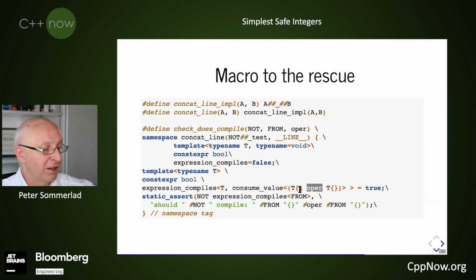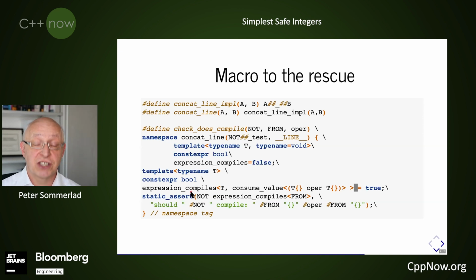It just must fit between two default constructed values of that specific type. And if that is expressible and can be evaluated, this expression compiles will happily evaluate to true. And again, remember to put the blank here. Just don't make that silly error that happens to me all the time. And this is just a trait.